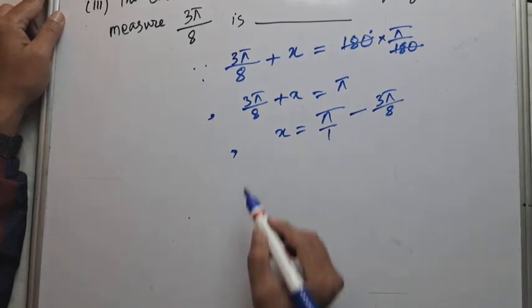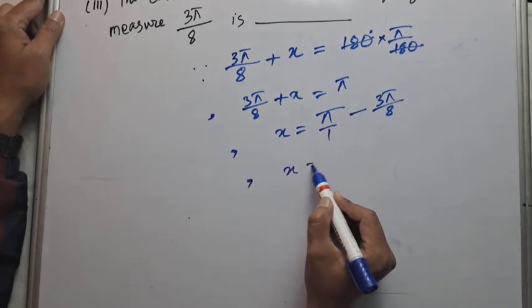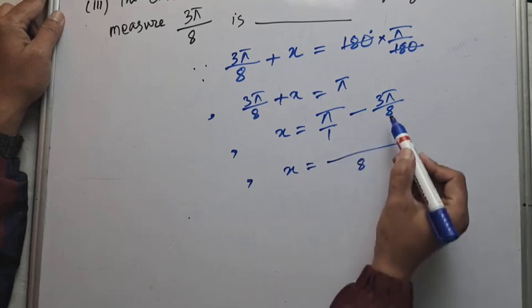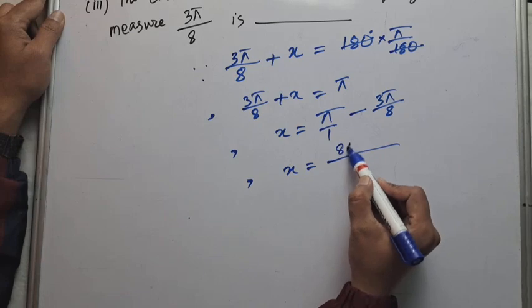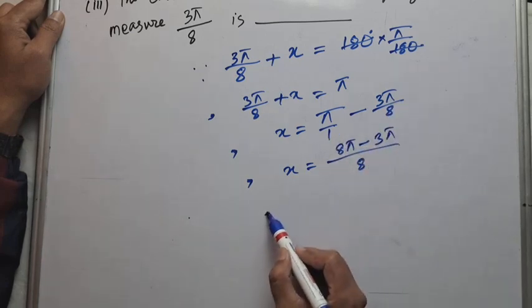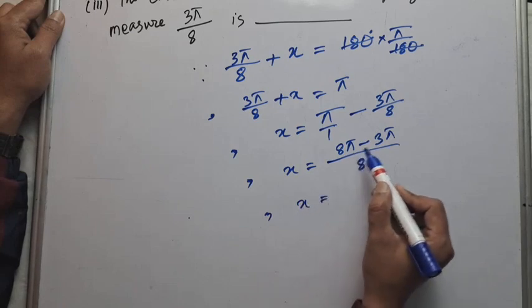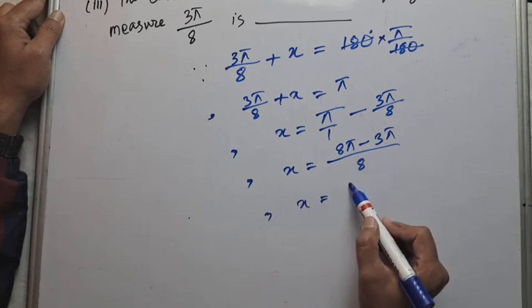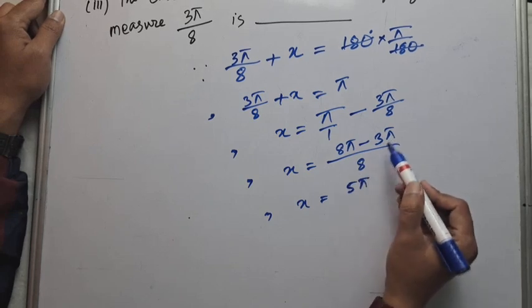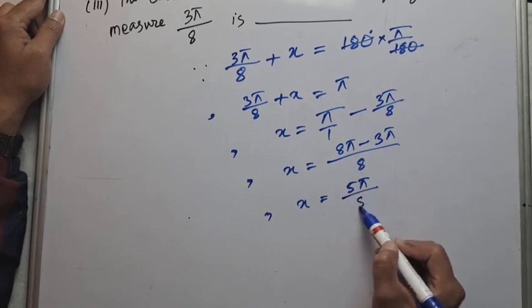So we have 1 here. Let us take the LCM of the denominators. The LCM of 1 and 8 is 8. Okay, so 8 into pi, 8 pi, minus 1 into 3 pi is 3 pi. Or x equals 8 pi minus 3 pi, which is 5 pi upon 8.